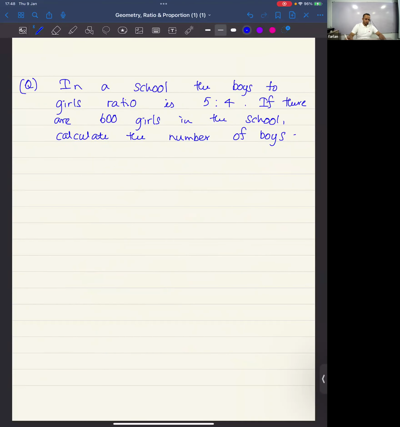In a school, the boys to girls ratio is 5:4.